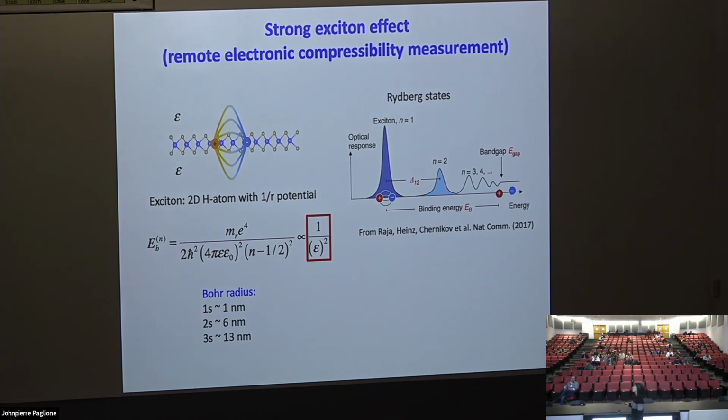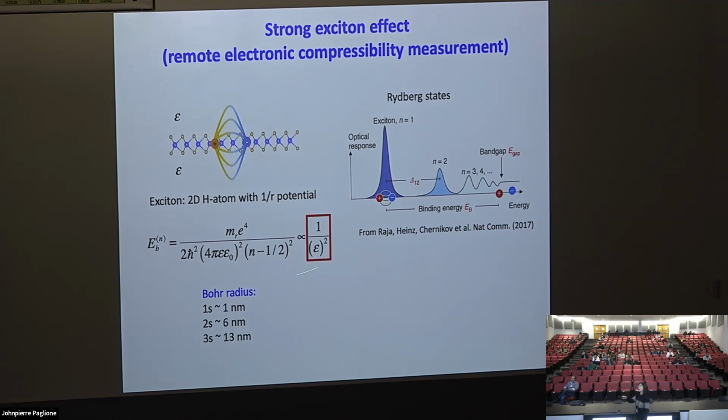Okay. So I told you about strong excitonic effect due to reduced screening, right? But if you look at it more, what determines the binding energy of the excitons? You have the usual stuff, you also have dielectric screening, right?